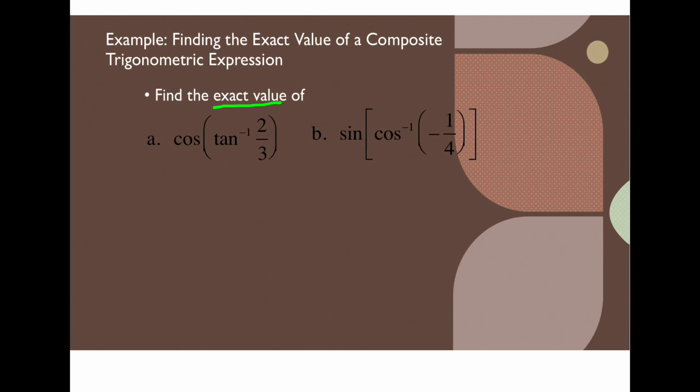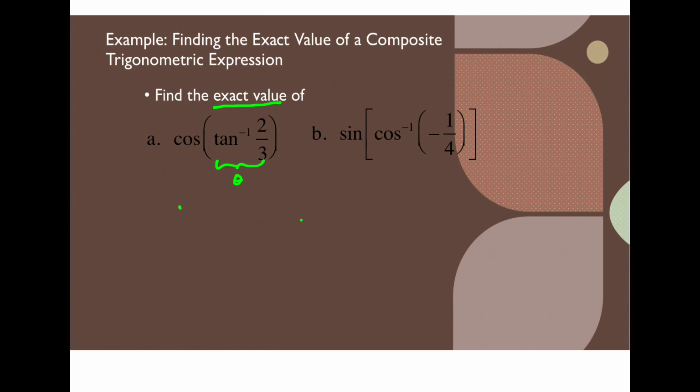If we know where the angle is, we can use the Pythagorean Theorem to find the other side, and hence we'll be able to find the exact cosine. Let's try a couple of these and see how we do. So the first one here is the cosine of the arctan of 2/3. That, of course, would give us an angle that we're taking the cosine of.